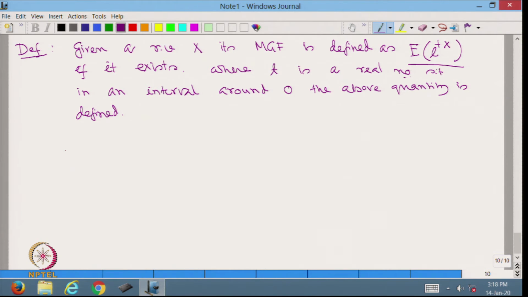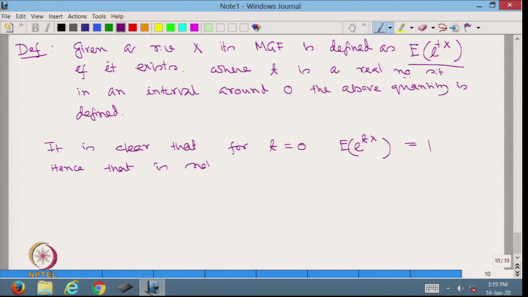It is very clear that for t is equal to 0, expected value of e to the power t x is equal to 1. Hence, that is not of any importance.